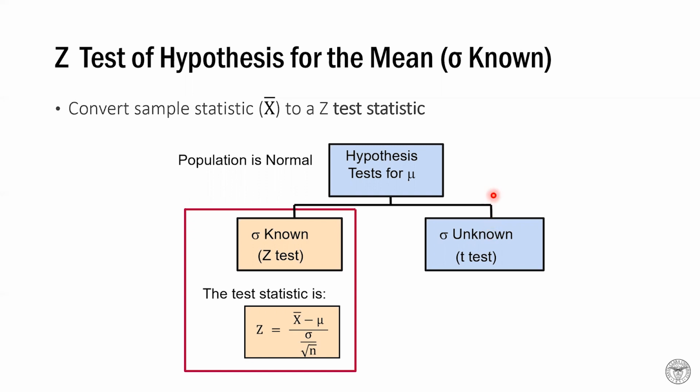A z-test is a hypothesis test for testing a population mean mu against a supposed population mean.